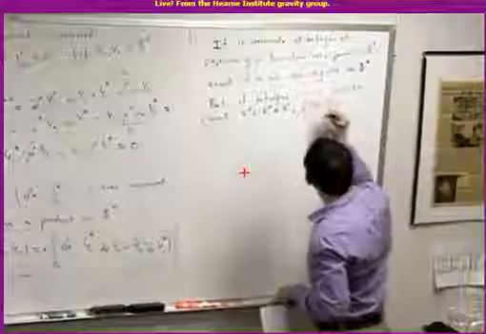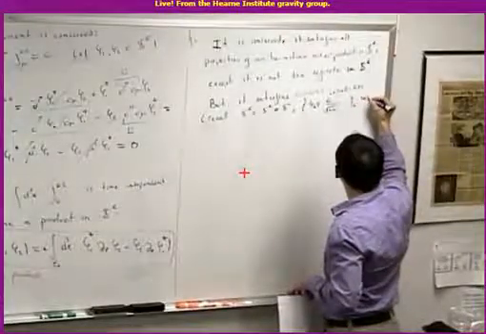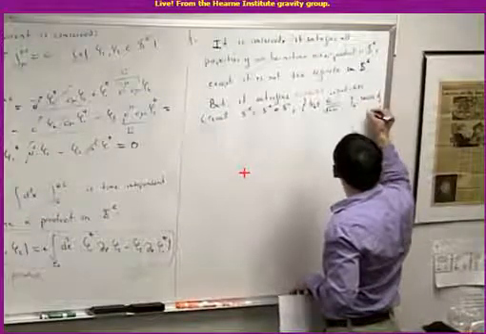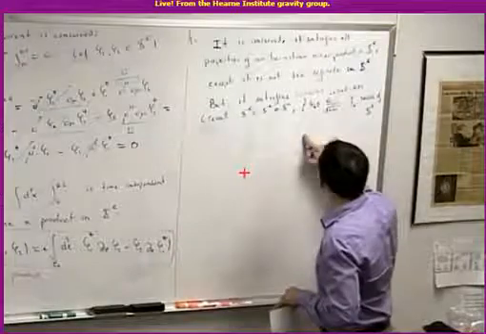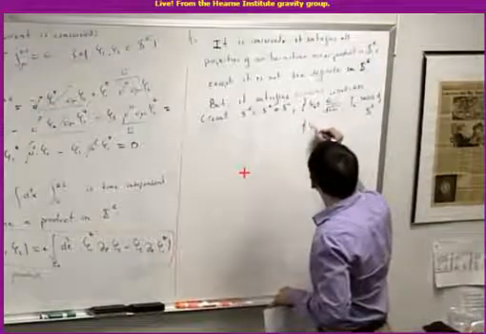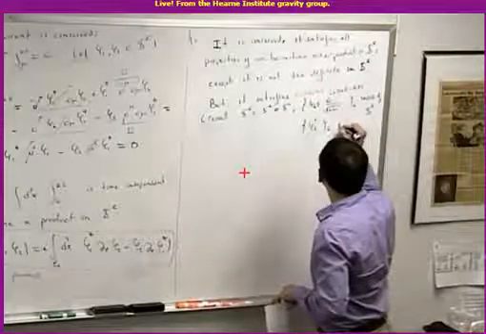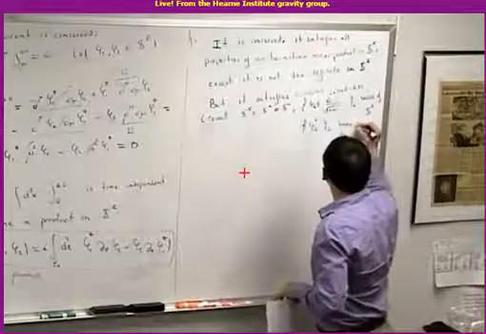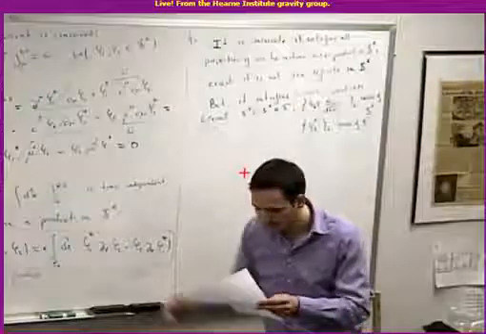If you take these for all k, this is a basis of S plus. And of course, if you take the conjugates for all k, this is a basis of S minus. Just remember that, we said that explicitly before.